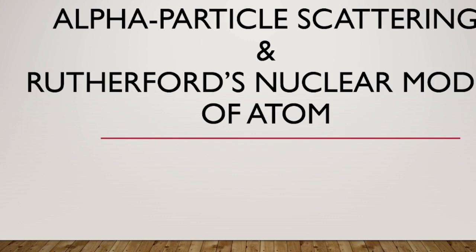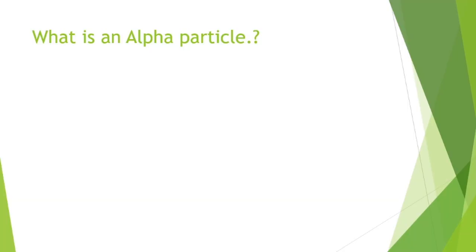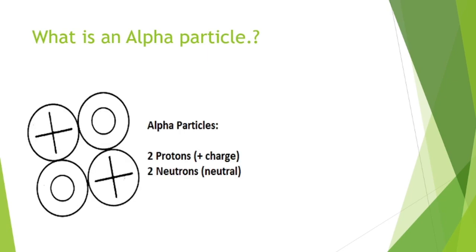center. So before going into the details of the alpha particle scattering experiment, let us understand what an alpha particle is. Alpha particles are a type of ionizing radiation, which consists of two protons and two neutrons.